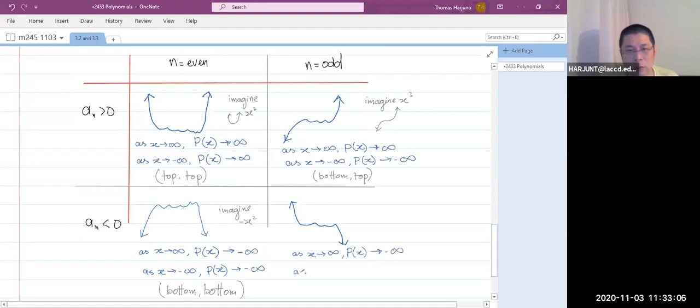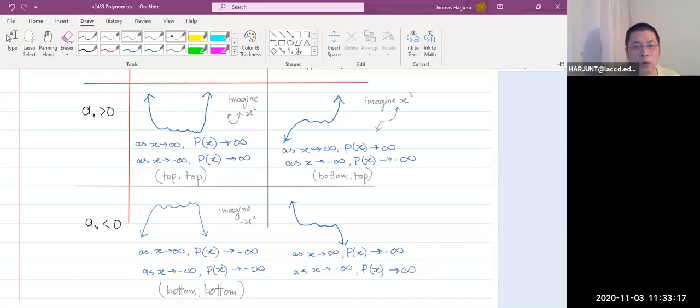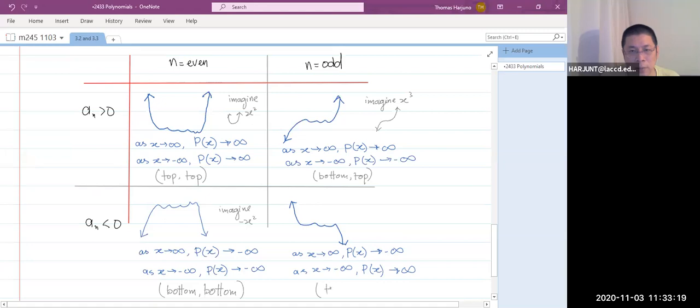And as you go very far to the left, the polynomial instead becomes positive infinity. In short, I call that top, bottom. To help, you can imagine negative x cubed.